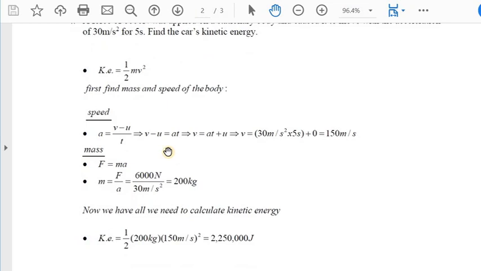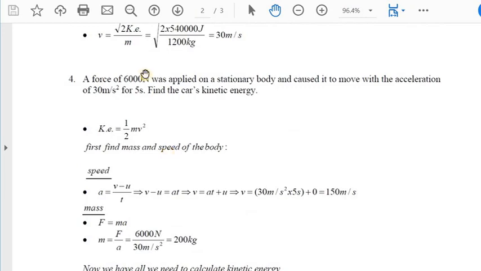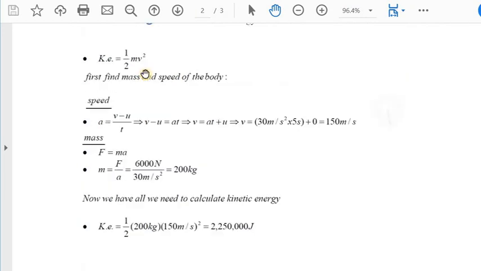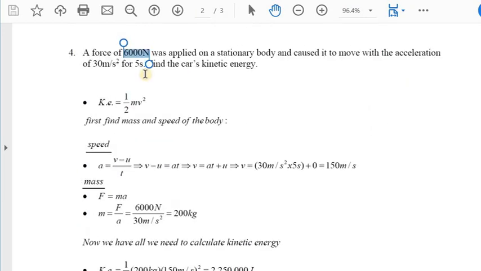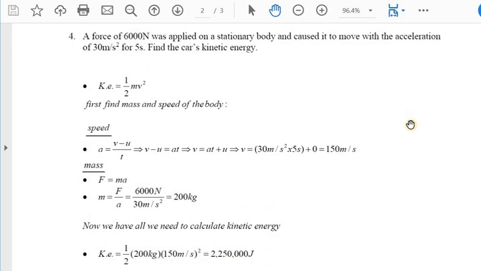Then we also want to find the mass, and we know that force is equal to mass times acceleration. Remember, don't just change this 6,000 newtons and say 6,000 newtons is 600 kgs. Please don't do that. Just say we assume that the force of gravity is not the same.